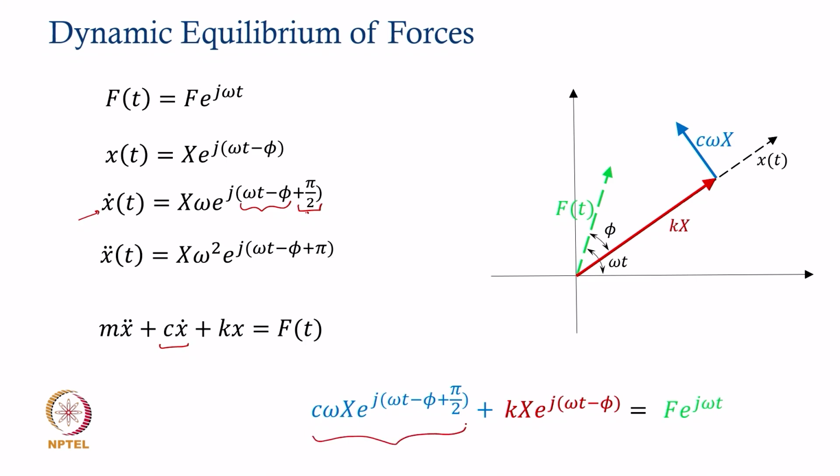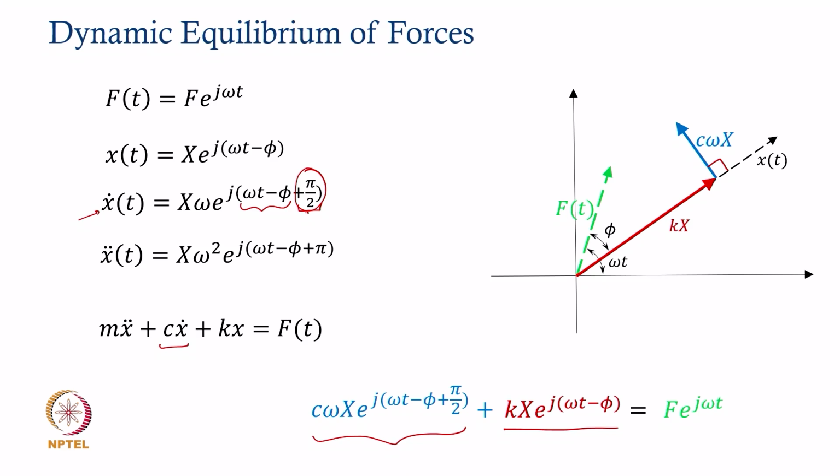Actually, strictly speaking, these can go opposite to the displacement, but since we are drawing a force polygon, even if you draw them along x, it will finally turn out to be the same force polygon. So, this C omega x is the dissipating force leading by plus pi by 2, and therefore this angle is plus pi by 2 with respect to the angle made by the restoring force Kx e to the power j (omega t minus phi).